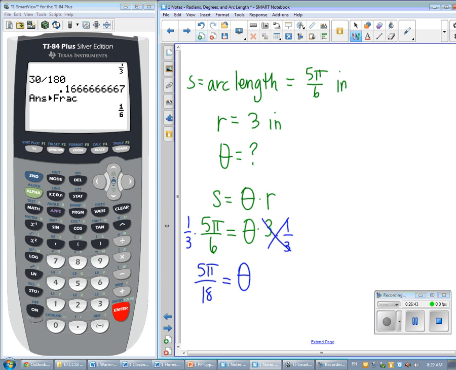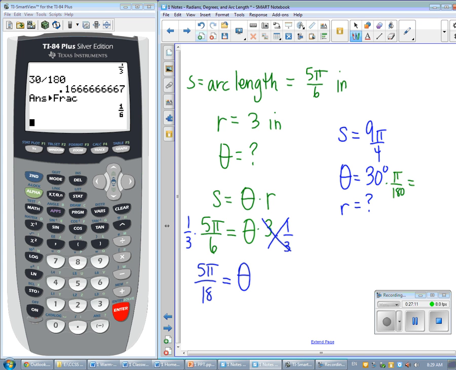Well, what about if I told you that the arc length, let's say, is 9 pi over 4. Let's say theta is 30 degrees, and I want to find the value of R. So I have to be careful because, again, in order for me to plug theta into my formula, it has to be measured in radians. So I'm going to need to multiply by pi over 180.